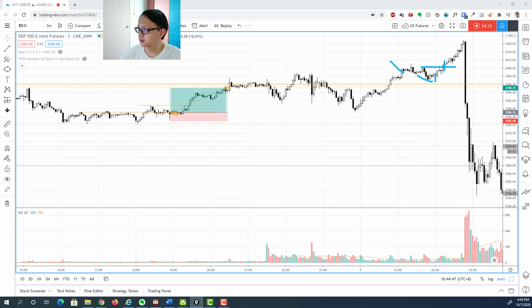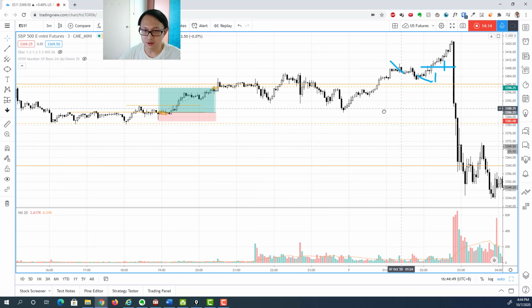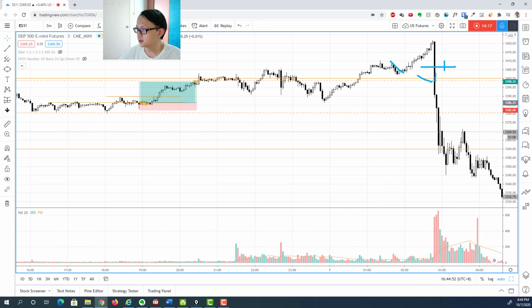And yeah, you can see that this is very interesting. So we have seen this spike of the volume again, spike of the supply, together with huge bearish bar.